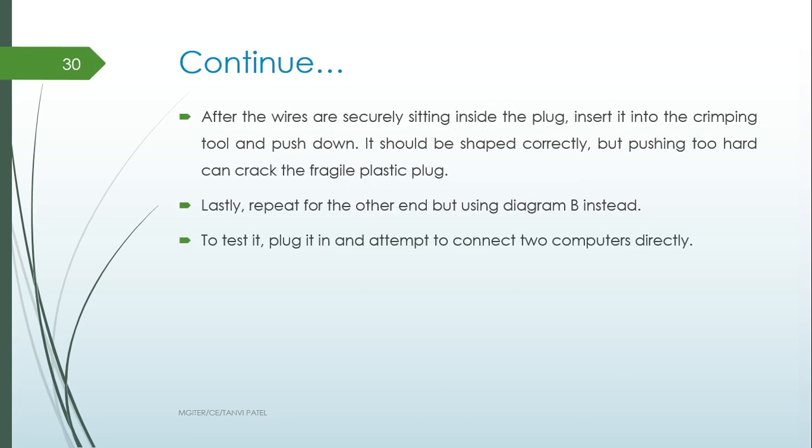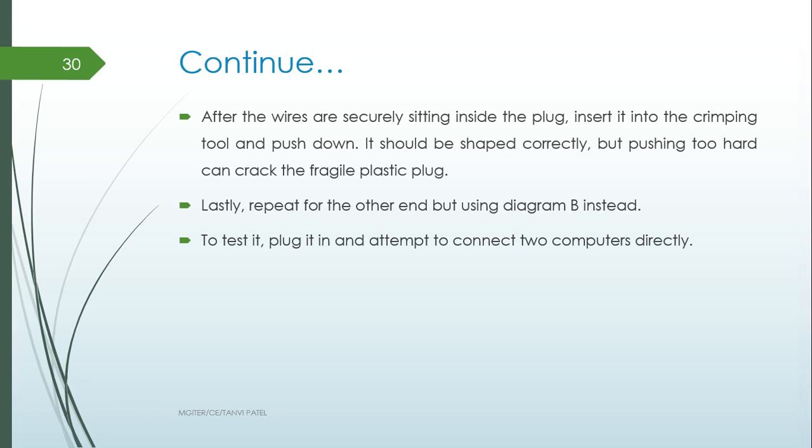Now, after the wires are securely sitting inside the plug, insert it into the crimping tool and push down. It should be shaped correctly, but pushing too hard can crack the fragile plastic plug.